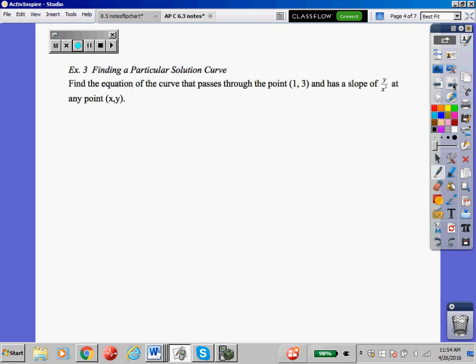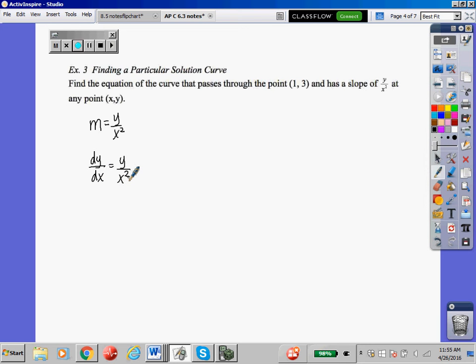Okay, let's look at example 3. It says find the equation of the curve that passes through the point (1, 3) and has a slope of y over x squared at any point (x, y). So we want the equation, so we want something in terms of y equals. But remember, slope is equal to the derivative at that point.